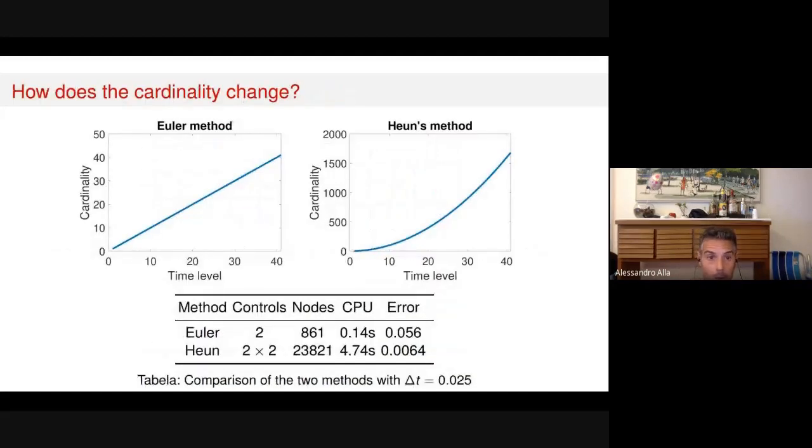So how does the cardinality change? This is something curious, interesting, but there is no theoretical way to explain that. For the Euler method, the cardinality increases linearly. For the second order method, it increases quadratically.